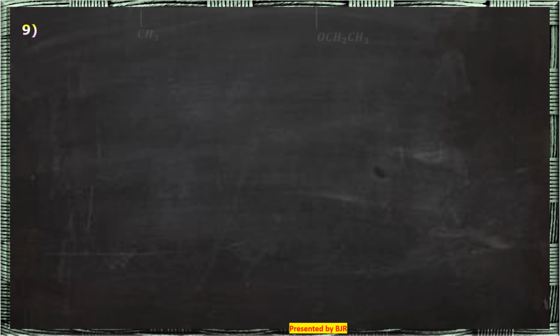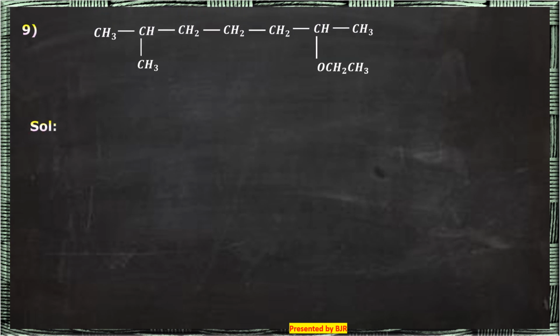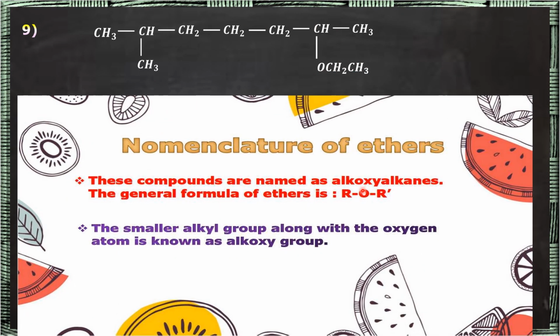Next, problem number 9. Solution. Can you identify the functional group present in this organic compound? There isn't any functional group present in it. Compounds like these are called ethers. Let us have a glance at the nomenclature of ethers. These compounds are named as alkoxy alkanes.